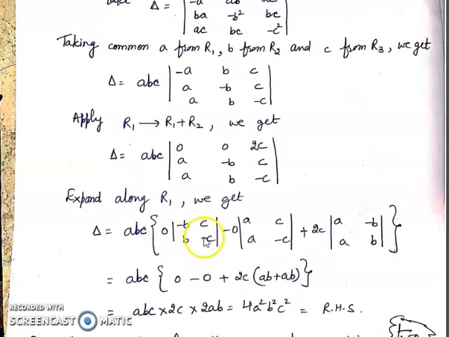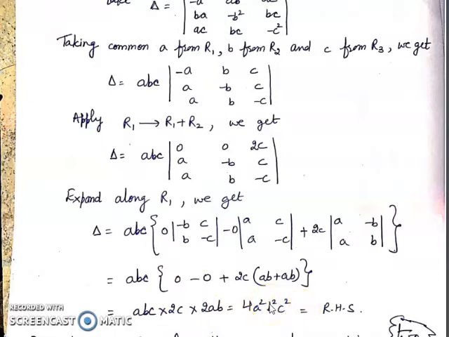Then 0 into determinant is 0, 0 plus 2c, ab minus of minus ab, so this becomes plus ab. ab plus ab is 2ab. So 2ab into 2c, multiplied with all these 3 terms, we get 4a square b square c square. That is our right hand side.